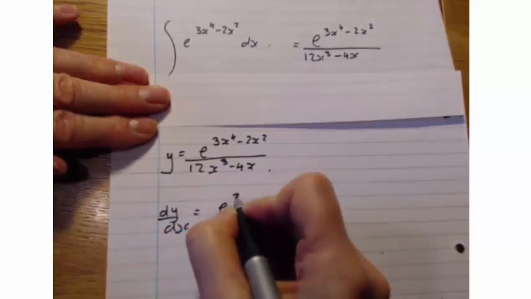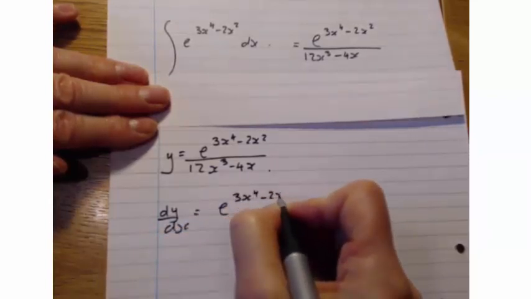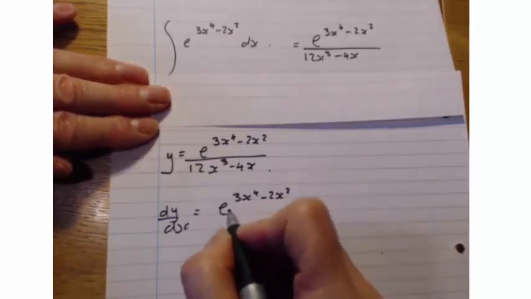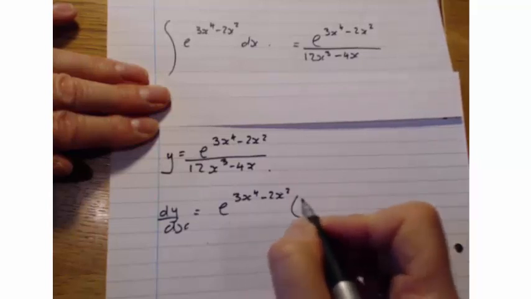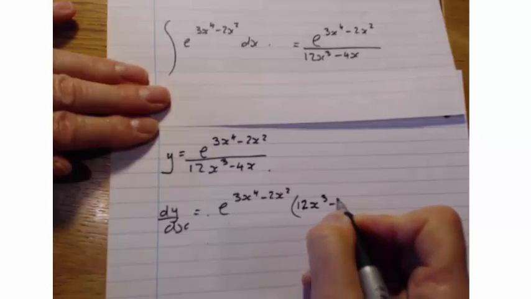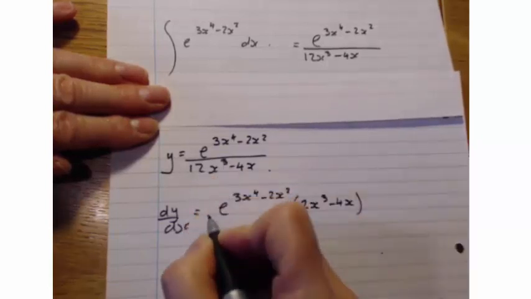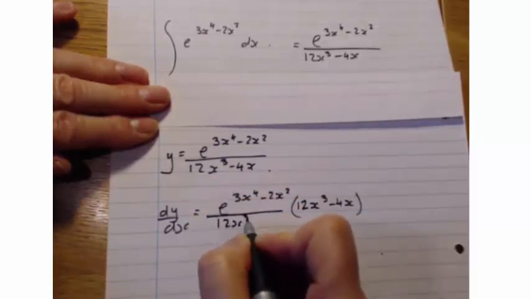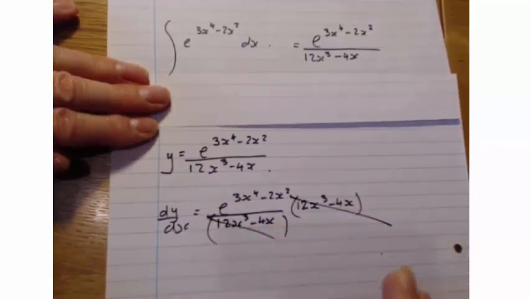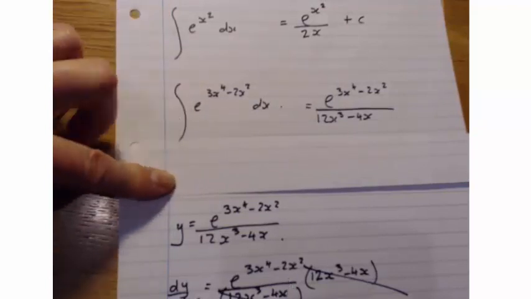Well, we certainly just rewrite it. But because we're differentiating a function of a function, we have to multiply by the derivative. But there was already this 12x cubed minus 4x on the bottom, so they just cancel out. So we get back to where we started.